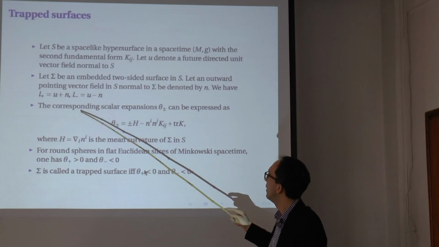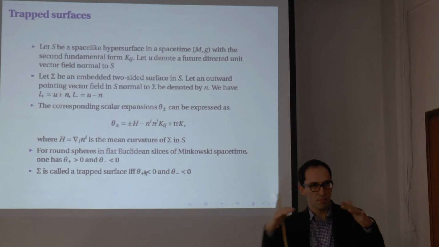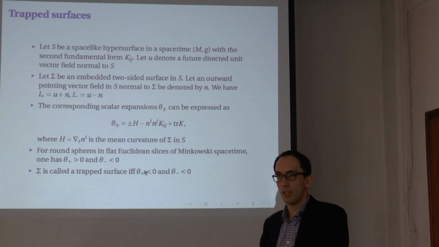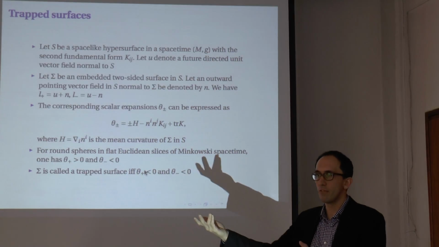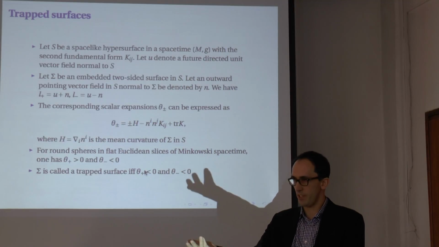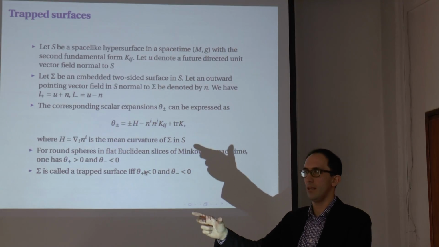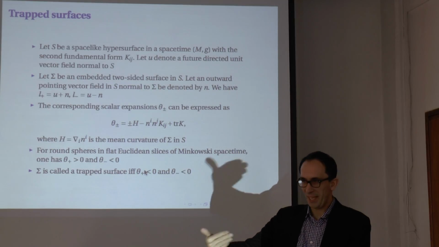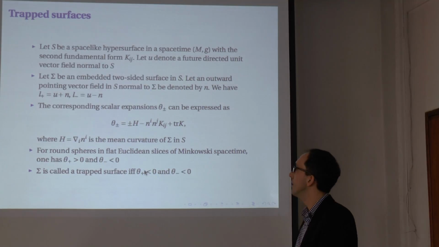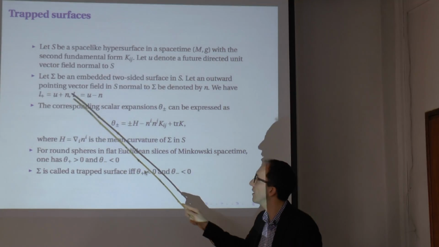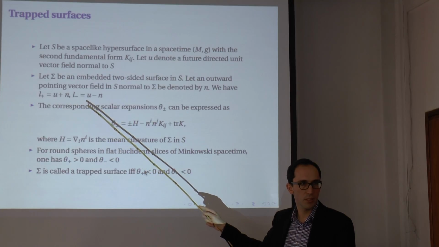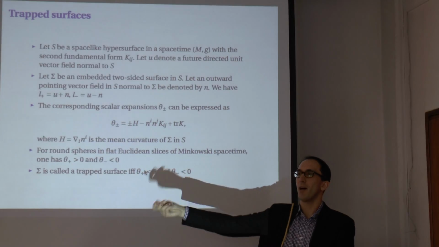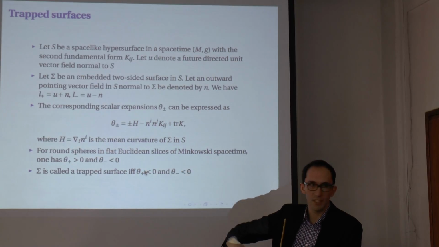So this tells you that if sigma has two sides, let's think of a compact surface, by convention, for instance of a sphere, you call one normal vector outward pointing, and minus n would be inward pointing. And then you see that the L plus and L minus we were talking about just before are simply connected with those directions, the outward direction and the inward direction.